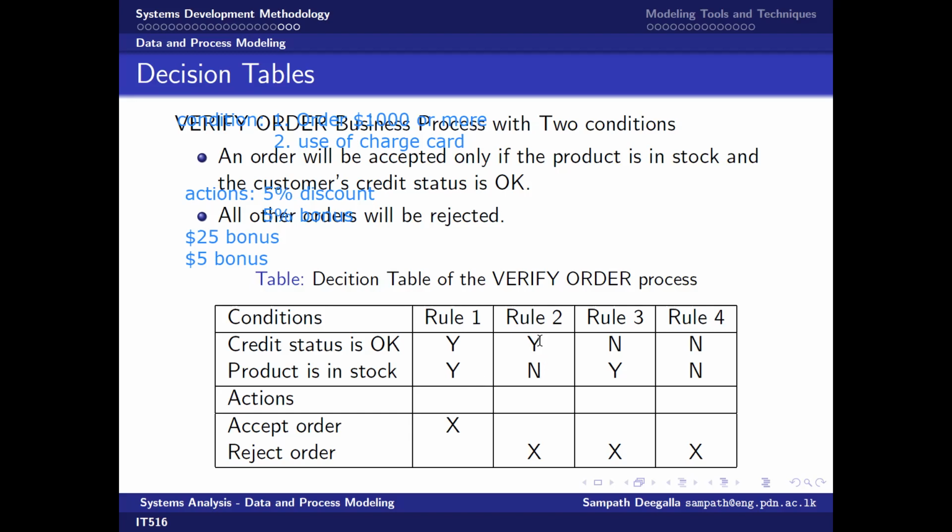They have spent 1,000 or more, but they have not used our charge card. Then they don't spend 1,000 or more, but they have used the charge card. And then they don't spend more than 1,000, and they don't use our charge card. So what will be the action? Again, the bonus.